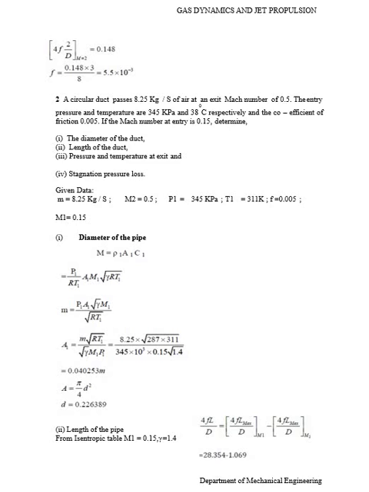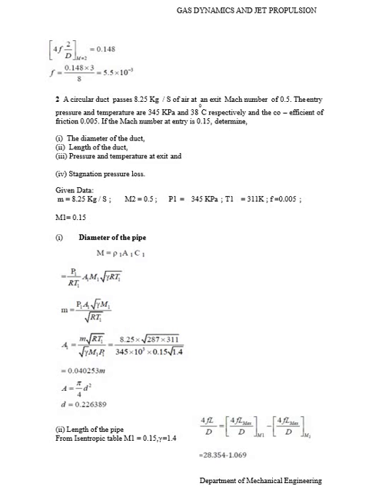Given data: m dot equal to 8.25 kg per second, M2 equal to 0.5, P1 equal to 345 kilopascal, T1 equal to 311 Kelvin, f equal to 0.005 and M1 equal to 0.15.